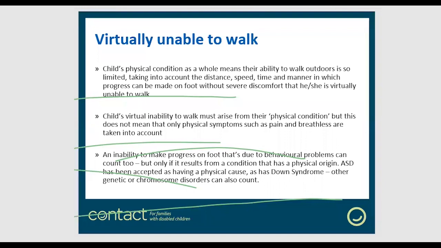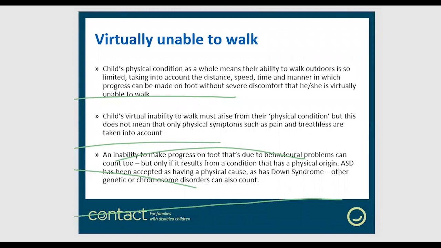Now, what's interesting about this is it's exactly the same route to high rate mobility as children with physical disabilities generally use. So the test is really that the child's physical condition as a whole means that their ability to walk outdoors is so limited, taking into account the distance, the speed, the time, and the manner in which progress is made on foot, that they can be said to be virtually unable to walk.